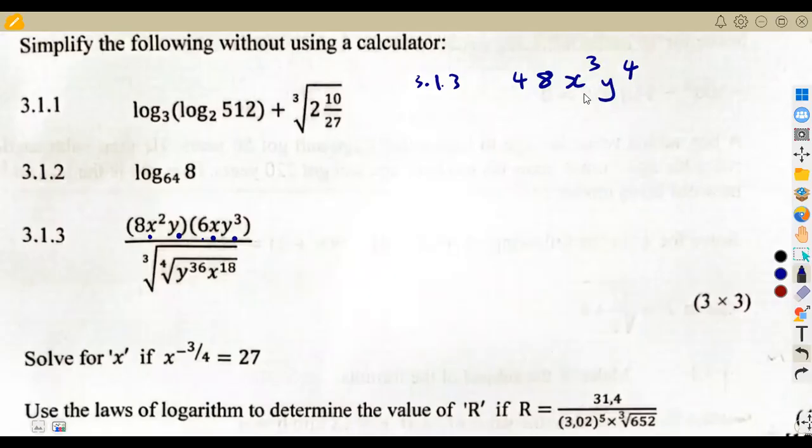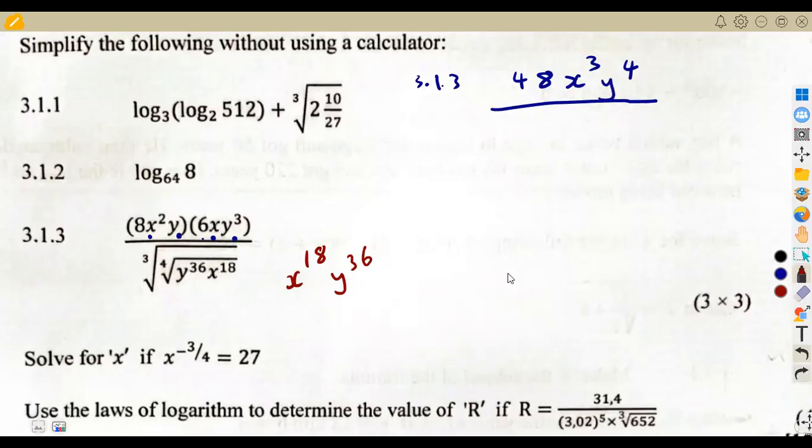All right, but on this part here, I'm going to consider it this way, to say I have got y to the exponent of 36, x to the exponent of 18, which I can write as x to the exponent of 18, y to the exponent of 36, the way that I understand, okay?